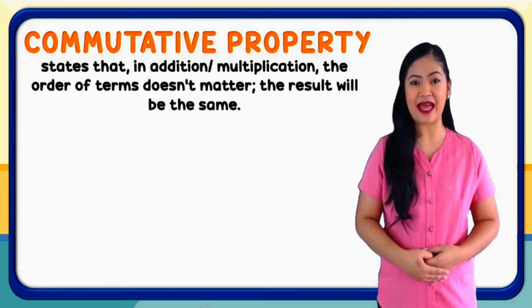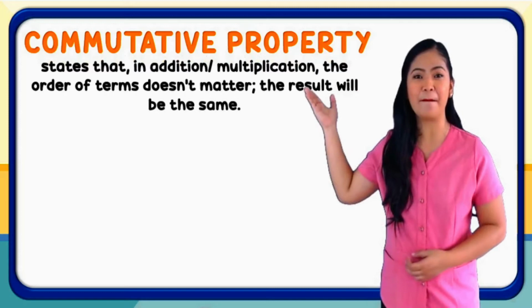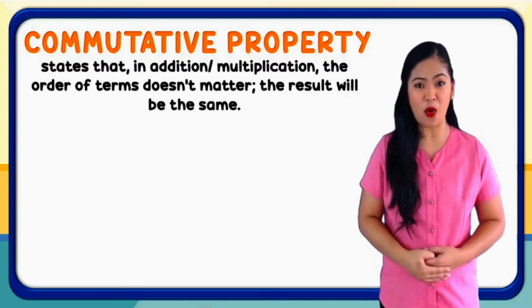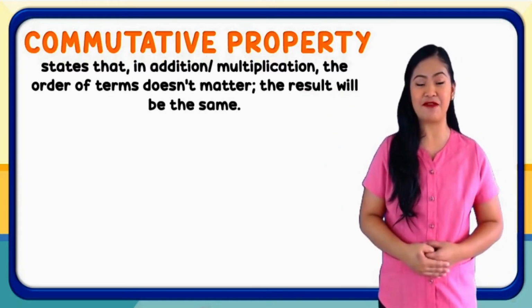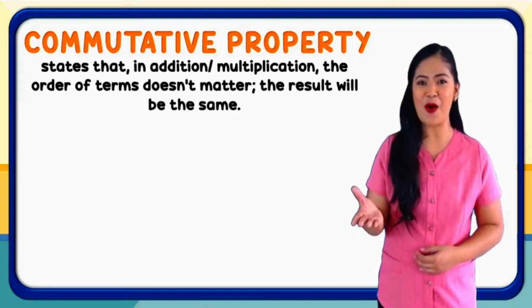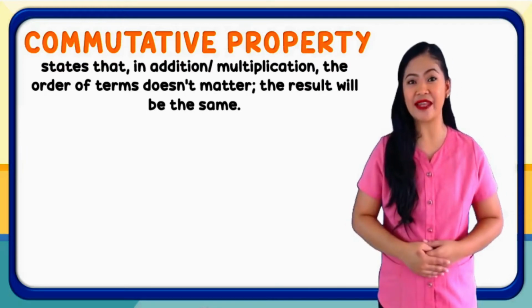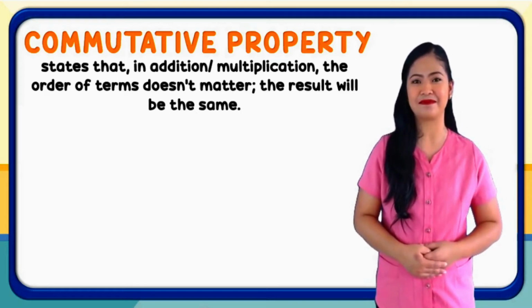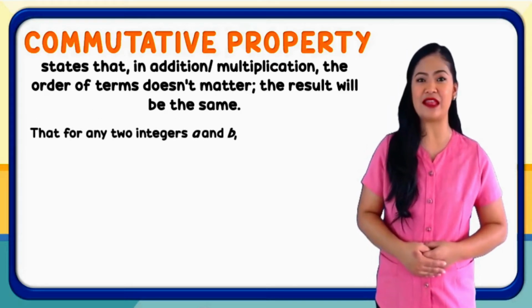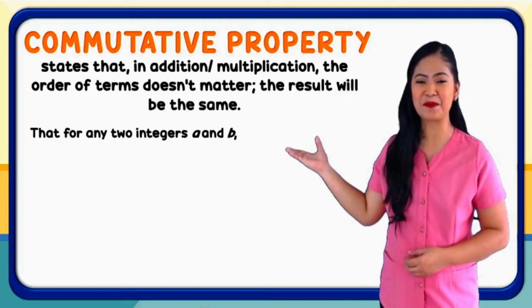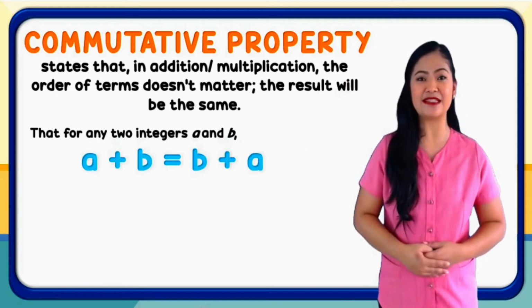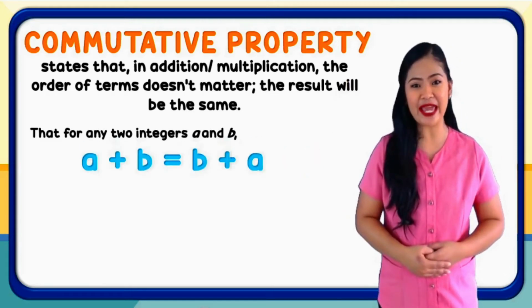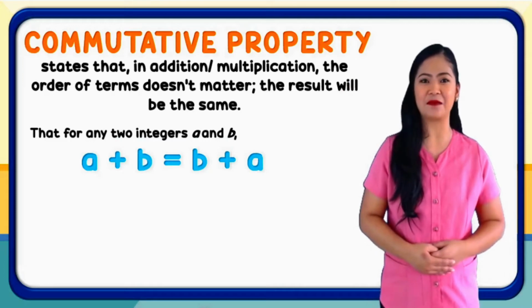It states that in addition or multiplication, the order of the terms, specifically the addends or the factors, does not matter. The results will be the same. That for any 2 integers a and b, a plus b is just the same or equal to b plus a.